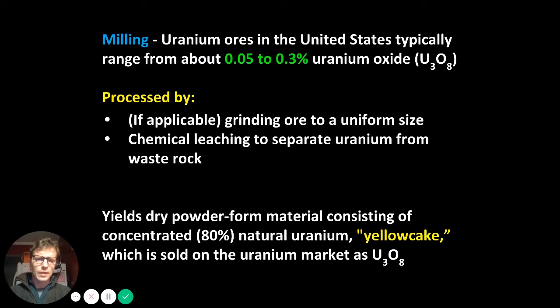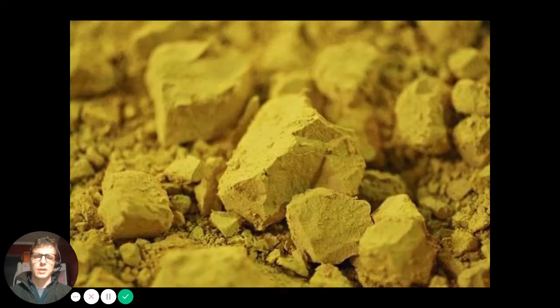And so if you're extracting uranium ore via surface mining, that rock is first ground up into a uniform size, and then chemical leaching is performed to separate the uranium from the waste rock, similar to what's happening underground in in situ leaching. This process is responsible for separating out a lot of the stuff we don't want in the rock from the uranium which we do want. So the end result is a dry powder of about 80% natural uranium, which is sold on the uranium market as U3O8. This is also known as yellow cake, and this is kind of what it looks like.